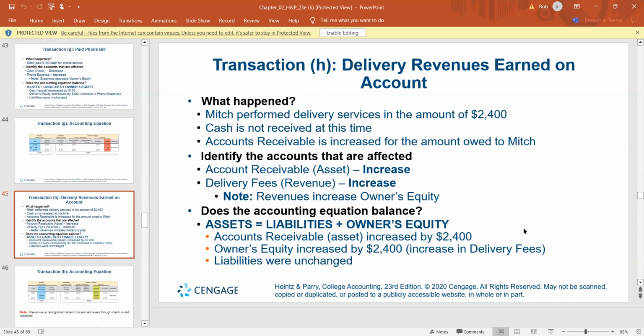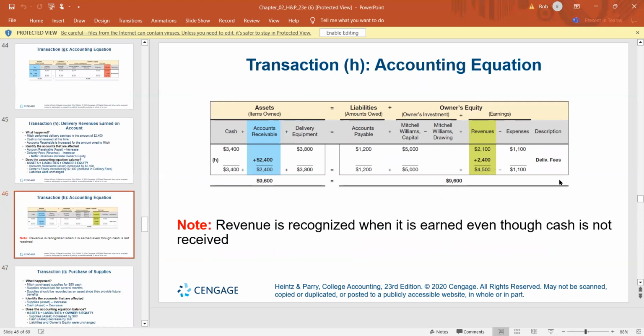So it's on account. On account means it's going to be accounts receivable or accounts payable. Well, we're the ones who are going to get paid, so we know it's accounts receivable. So we're going to increase receivables and we're going to increase revenue, which means that the equity is going up as well. And here we have it.